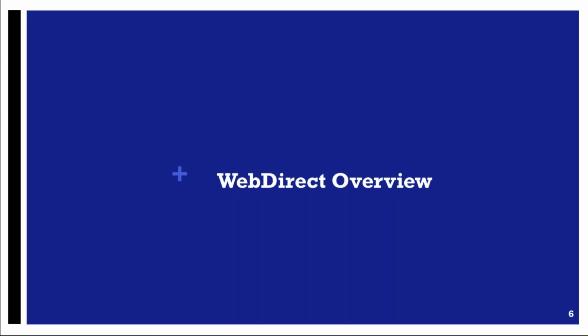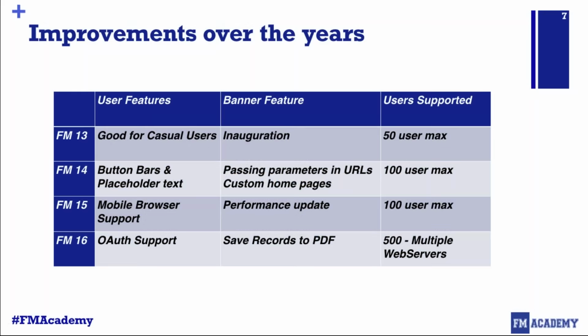But with FileMaker 13, the playing field definitely changed. With the introduction of WebDirect, FileMaker Inc. basically tossed out Instant Web Publishing and completely rewrote it using the new standards of the day.